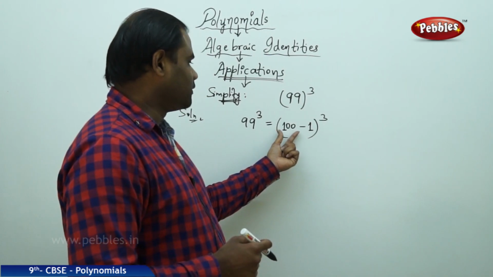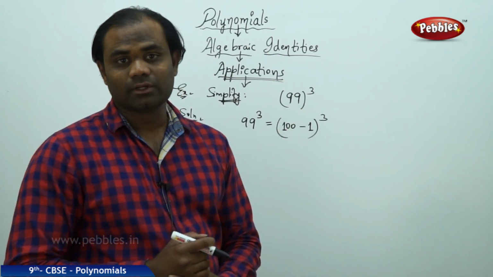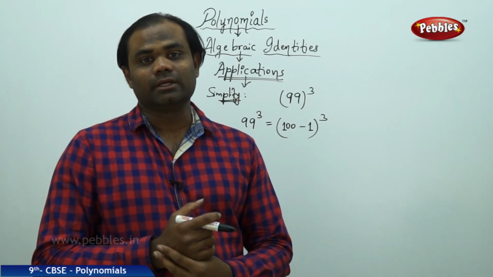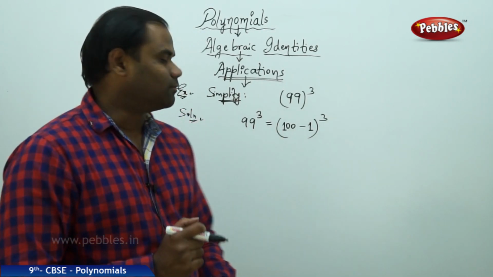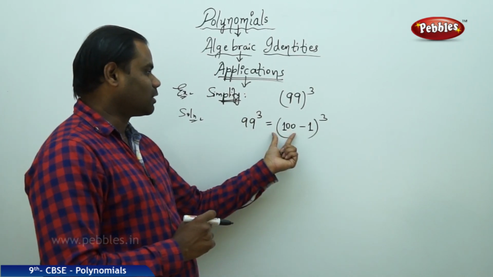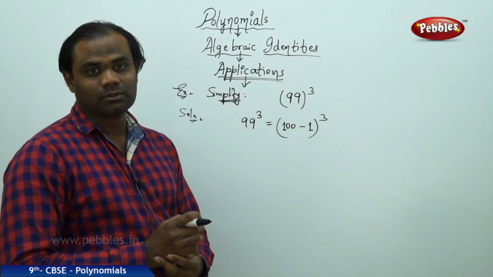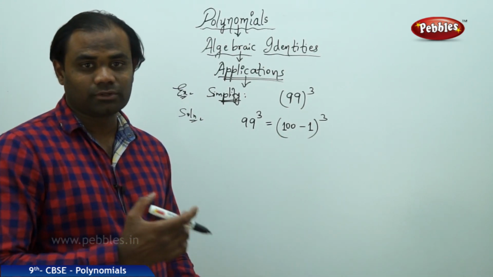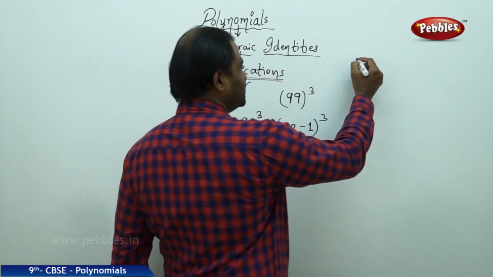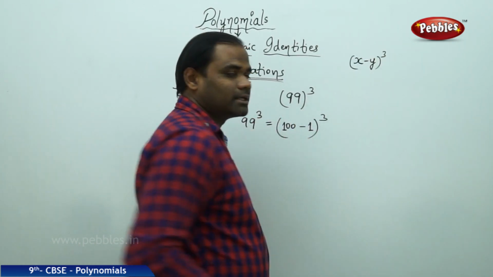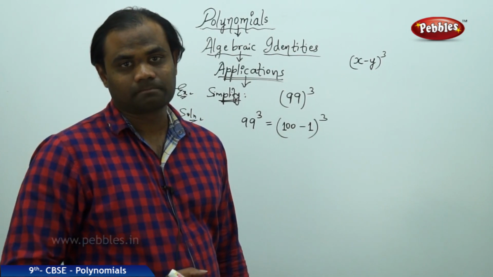So here the fixed standard number is 100, which is taken to convert the given number 99 in terms of 100. Therefore, 99 cube can easily be written as 100 minus 1 whole cube. Now, once this is converted into 100 minus 1 whole cube, we see that immediately it gets compared with the identity x minus y whole cube.